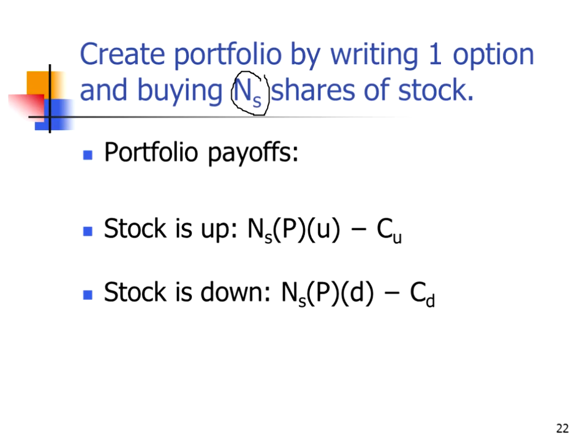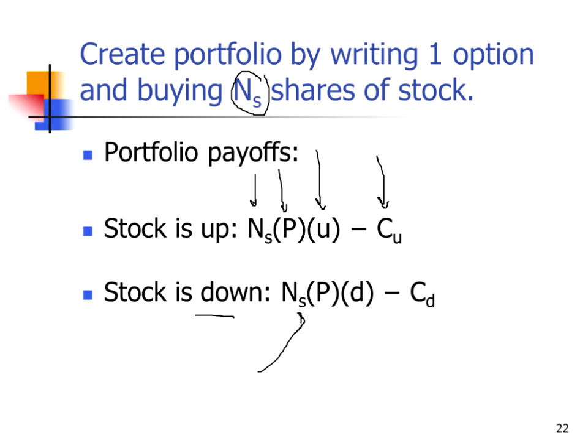Create a portfolio by writing one option and buying n number of shares of stock. So how would you create that portfolio so that you can create a sort of hedge? In this case, if the stock went up, you would have n number of stock multiplied with the price of the stock multiplied with the up factor minus the payoff value.